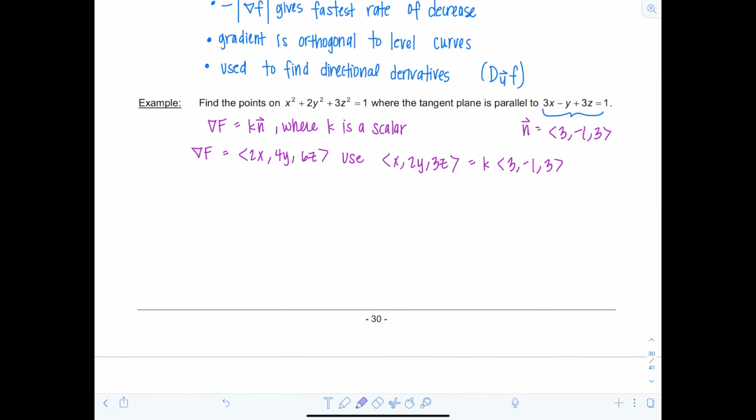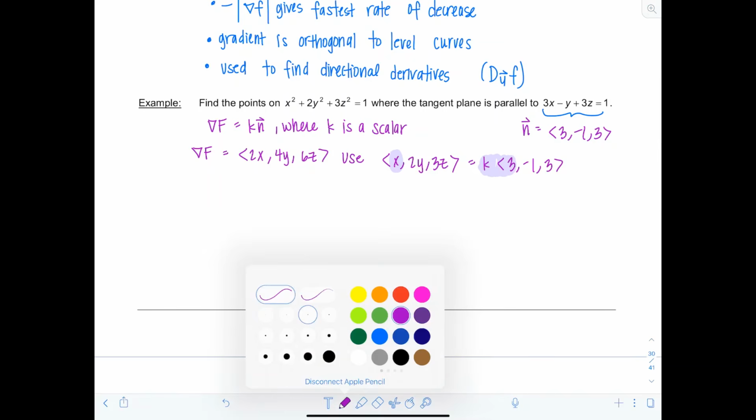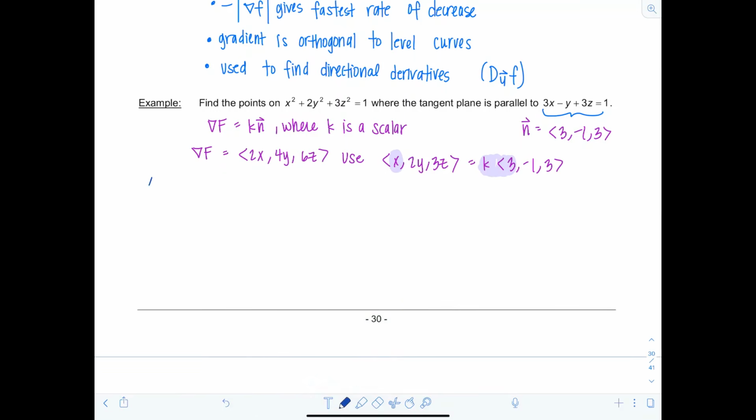I could set x equal to 3k. Let's do that. So x is equal to 3k. 2y would equal -k. And also 3z would equal 3k. And now I want to make sure this point is on the surface.